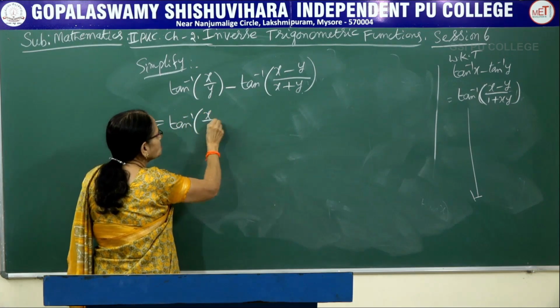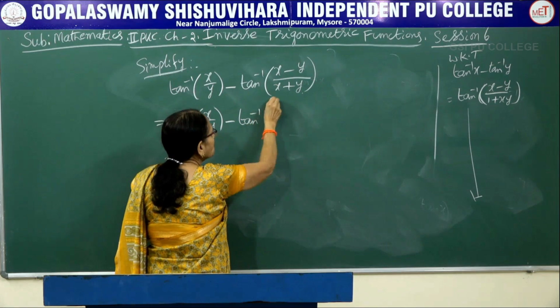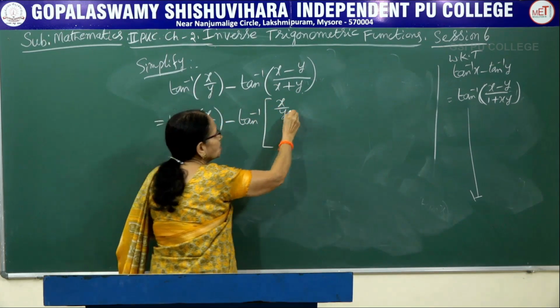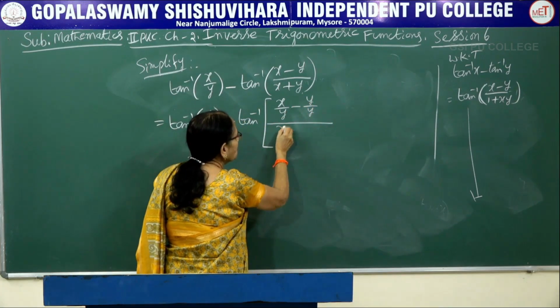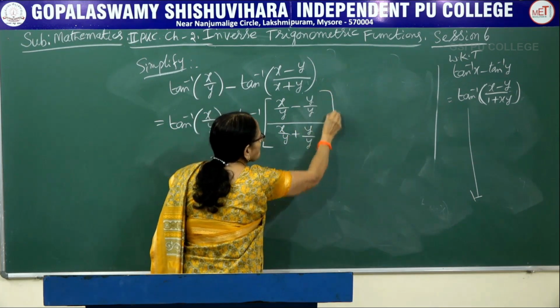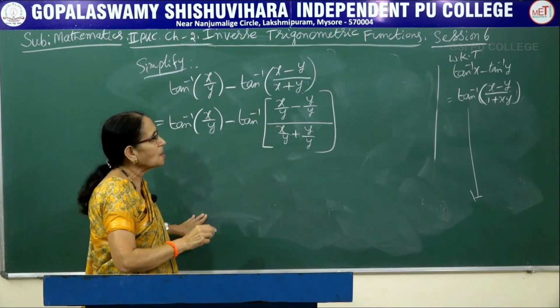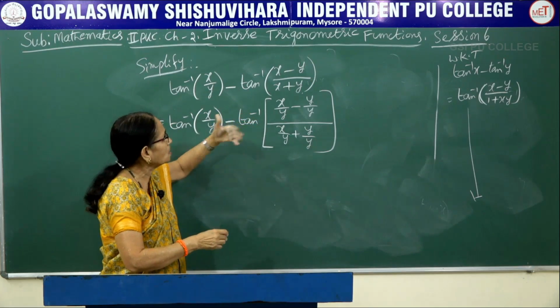It is tan inverse of x by y minus tan inverse of, divide each term, x by y minus y by y, whole thing divided by x by y plus y by y. That direct application of the property is also correct. There, you have to take the LCM and all, so it may be a little bit difficult.